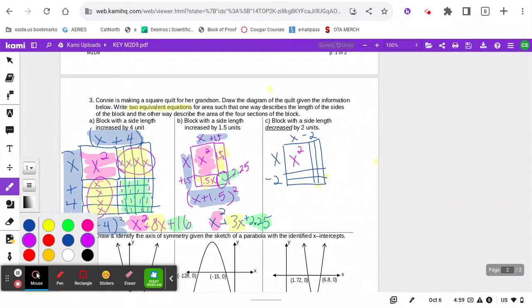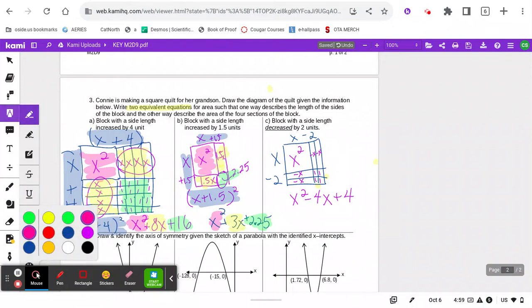X times x is x squared. This one over here is going to be negative 1x and negative 1x for a total of negative 2x's. And then these guys down here are still positive 4 because negative times negative is still positive 4. So my standard form for this one, check this out. Do you see where this negative 4x comes from?